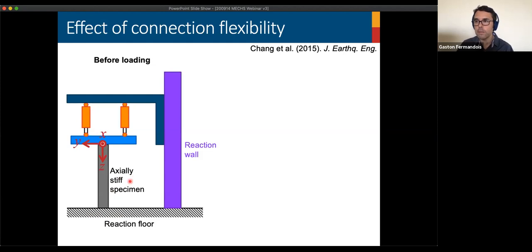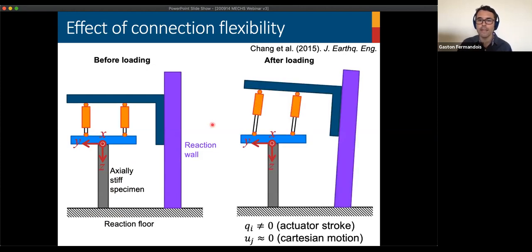If this specimen is very stiff in the axial direction, and we impose a motion of the actuators in order to create a downward vertical displacement of the specimen, what will happen is that the reaction wall can deform. This was the case in an experiment conducted at the University of Illinois.